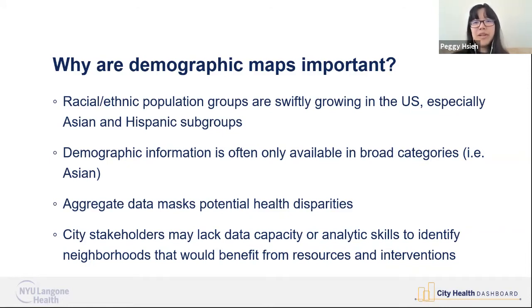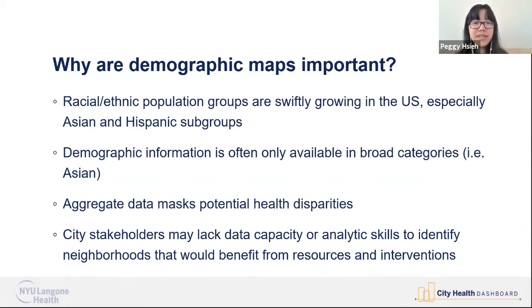And often demographic information is only available in broad categories, such as Asian or an other category. And this type of data aggregation in broad categories can mask potential health disparities. Also, oftentimes, city stakeholders, especially those in smaller or mid-sized cities, may lack data capacity or analytic skills to identify neighborhoods that would benefit from resources and interventions.